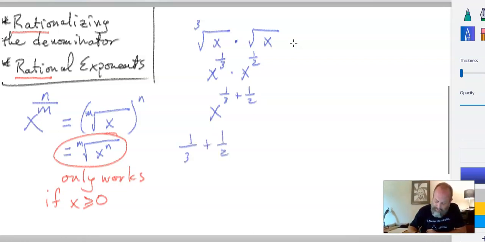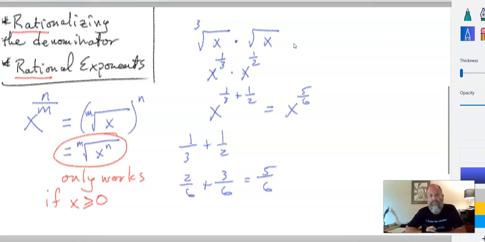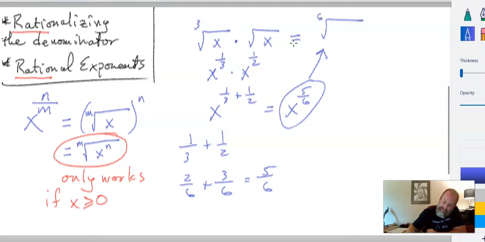If I find a common denominator, this is 2/6 and this is 3/6. So this ends up being 5/6. So this is now x to the 5/6. Well, this can be rewritten as a root also. And so multiplying these two guys, I can say this is now the 6th root of x to the 5th.